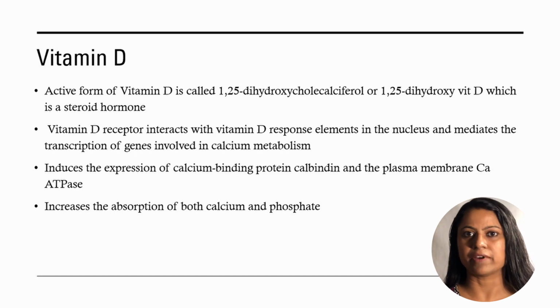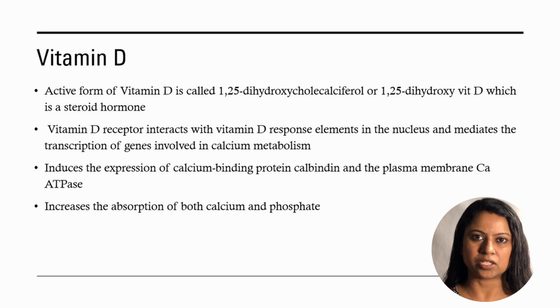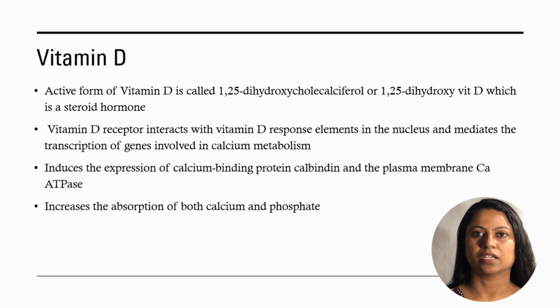The active form of vitamin D binds to the vitamin D receptor, which then mediates the transcription of genes involved in vitamin D metabolism in the nucleus. Vitamin D induces the expression of a calcium channel in the apical membrane of the enterocytes, which is involved in absorption of calcium from food sources.